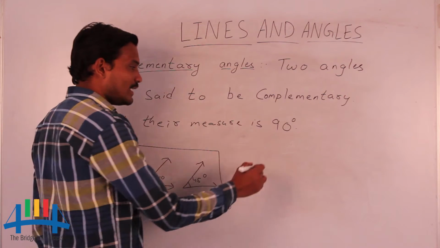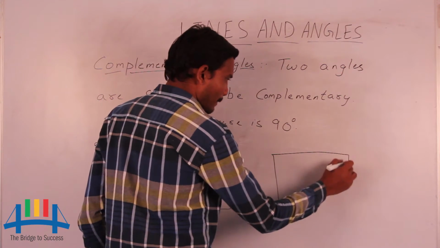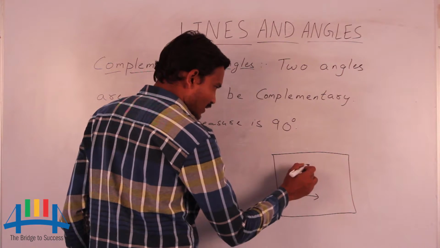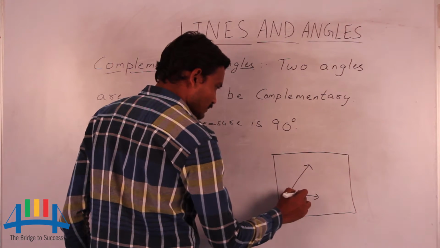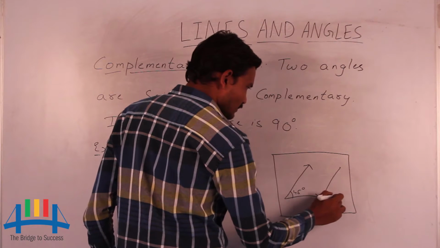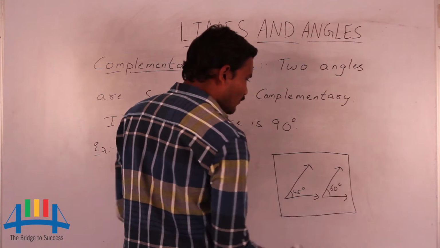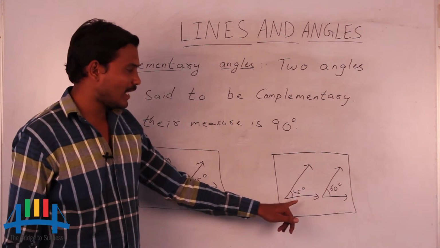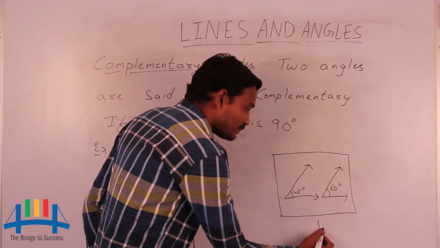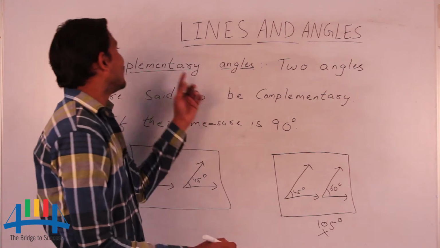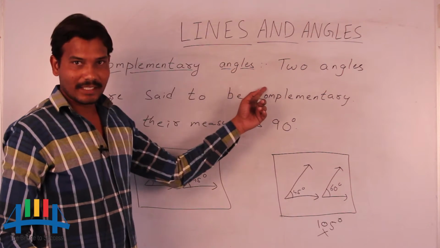Now I will consider one more example, which is 45 degrees first, and next one as 60 degrees. If I do the sum of these both angles, you will get 105 degrees, which is not a complementary angle.